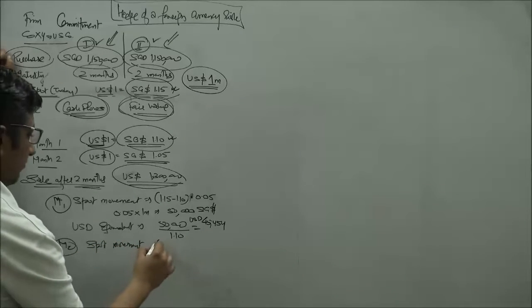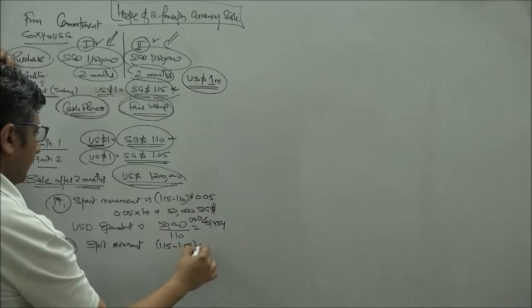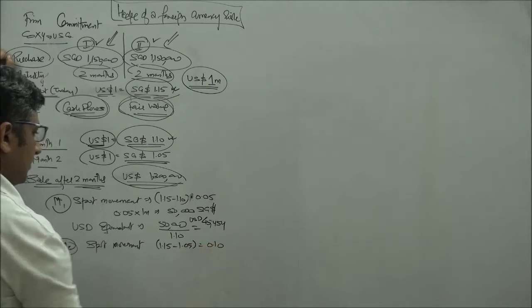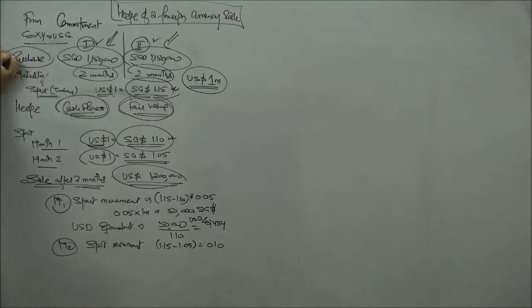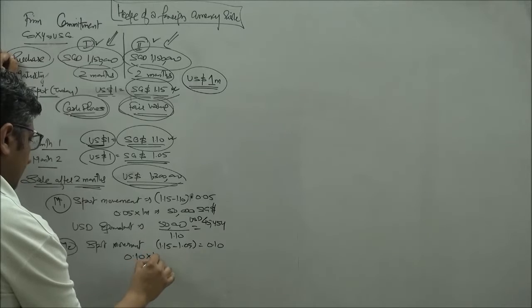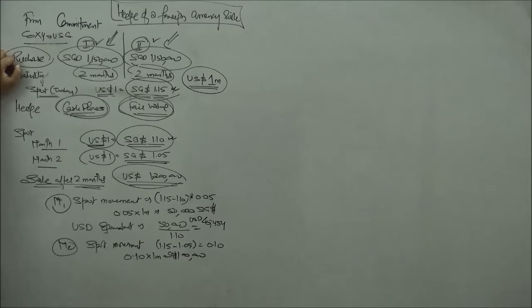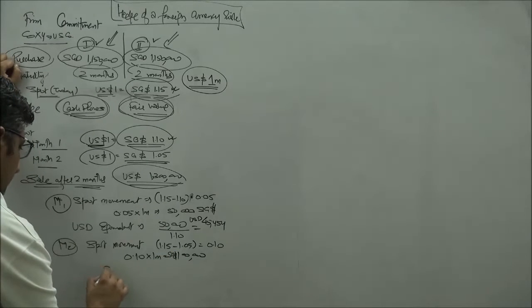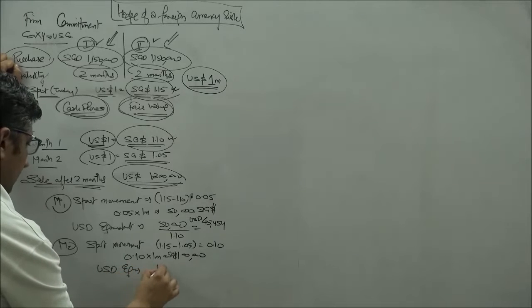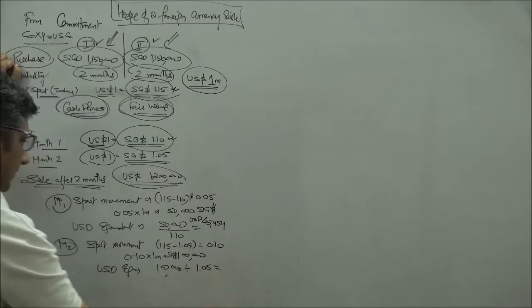Likewise, at the period month 2, the spot movement has been from 1.15 to 1.05, which makes it 0.10 as the move, giving me 100,000 SG dollars exposure. The USD equivalent, of course, would be 100,000 divided by 1.05.